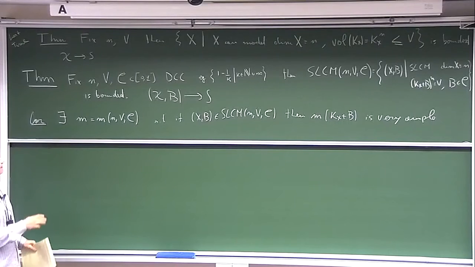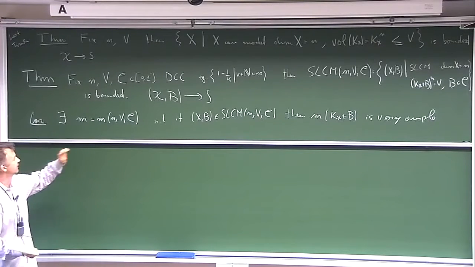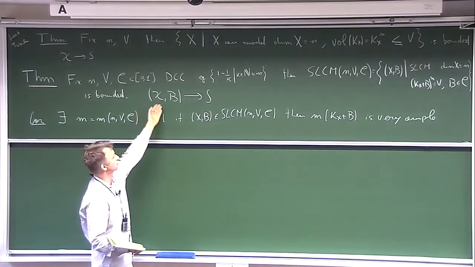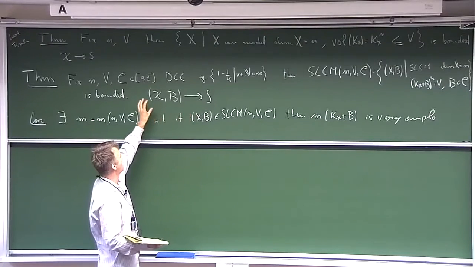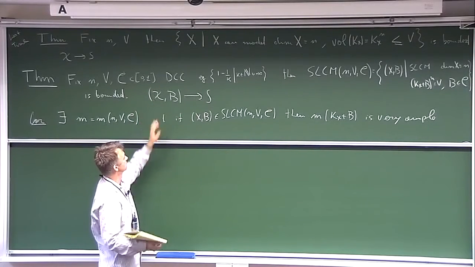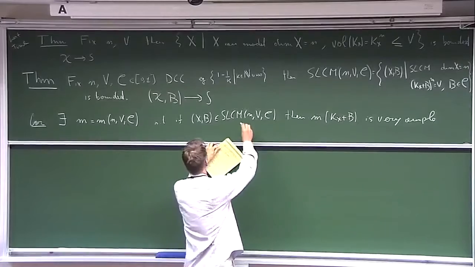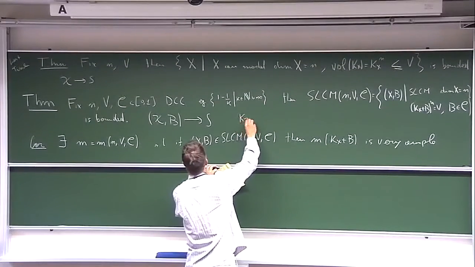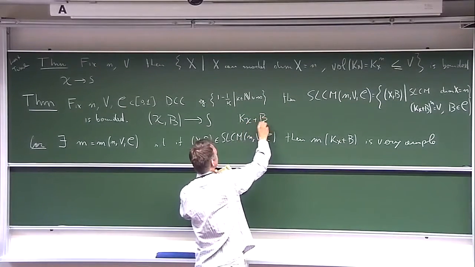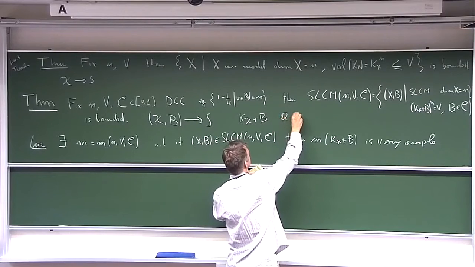So that should be a fairly immediate consequence, because after all, we have a family, and we will show that we can assume that K_X + B is itself Q-Cartier.